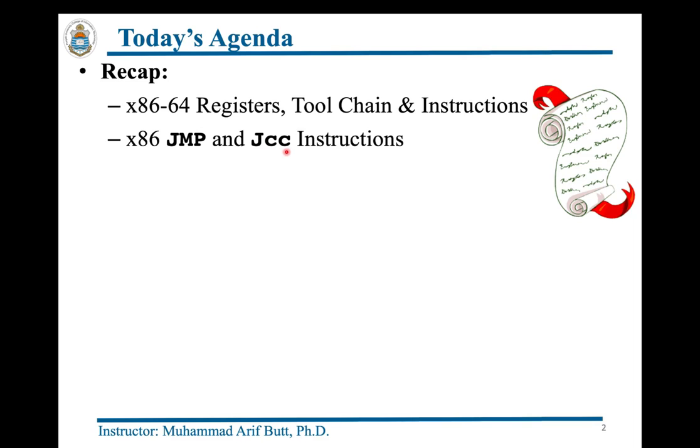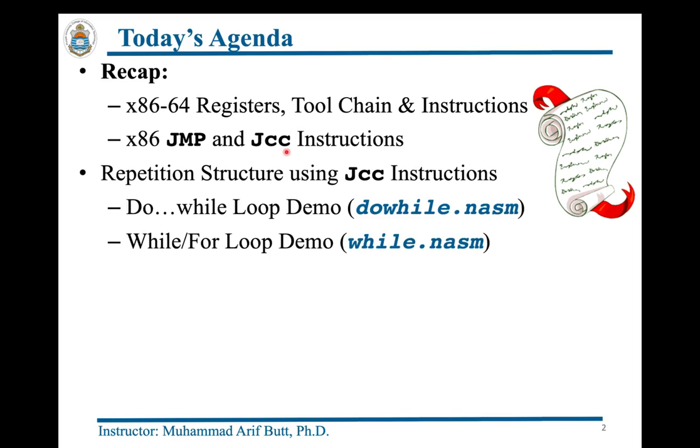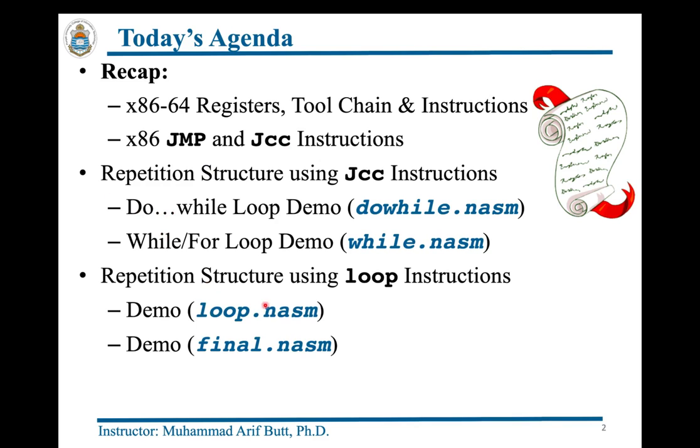In the last session, we learned to design the if-else control structures using the conditional jump instructions, and today we will learn the design of repetition structures like the do-while and the while using the conditional jumps. Later we will see the x86 loop instruction that is specifically designed for looping purposes.